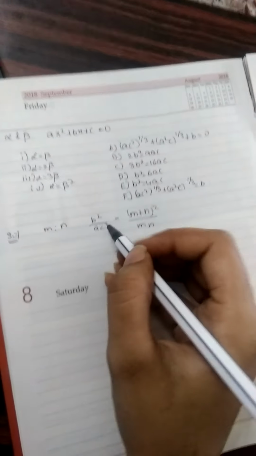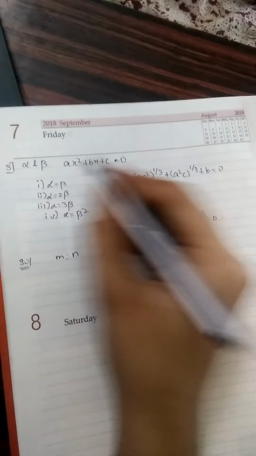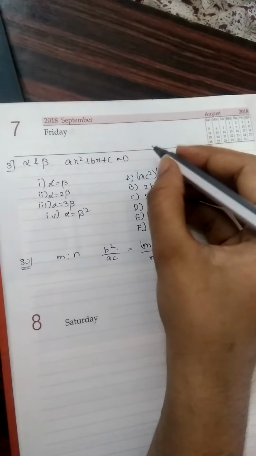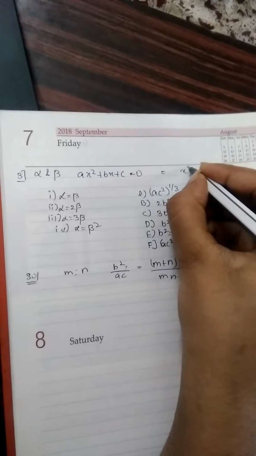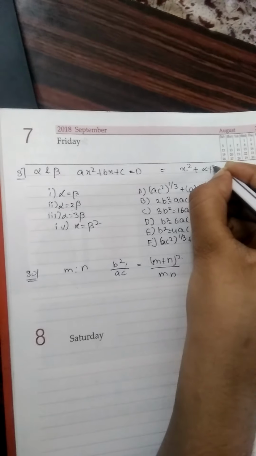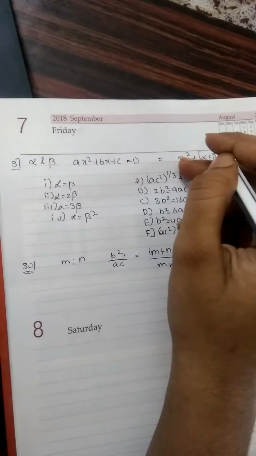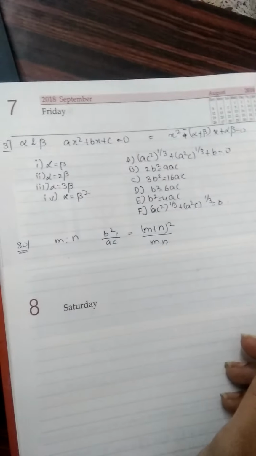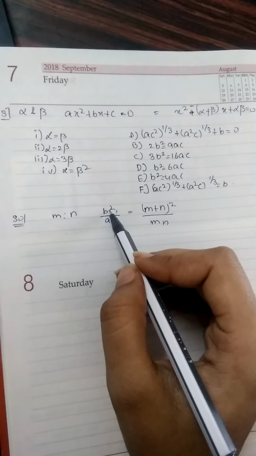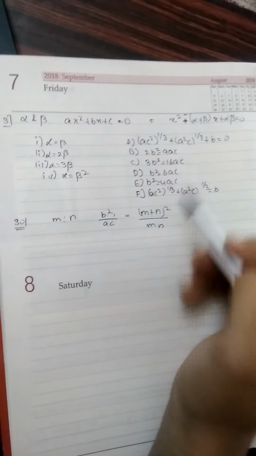Actually, the equation with these roots will be in the form x square minus (alpha plus beta) x plus alpha beta. In the same form, b square is equal to (m plus n) whole square by mn.